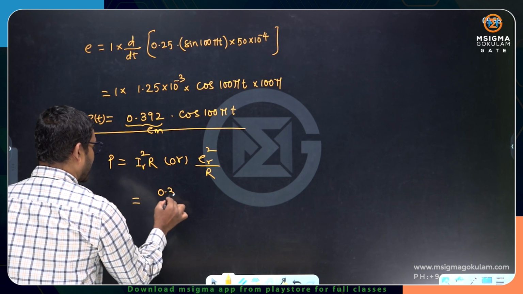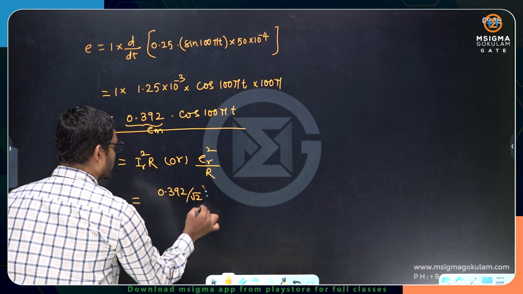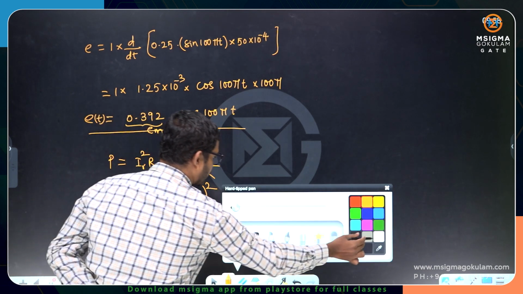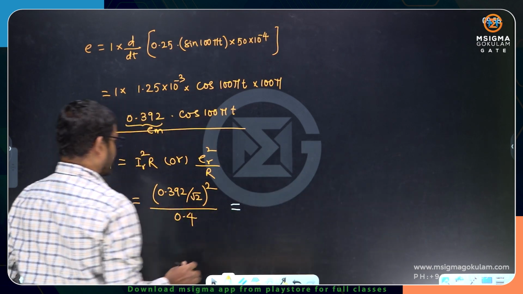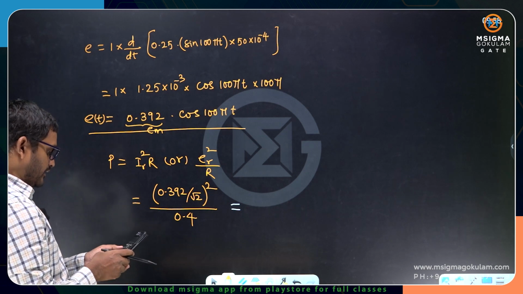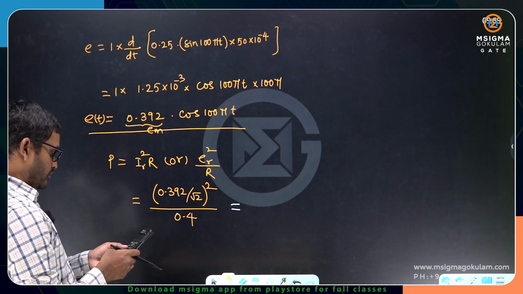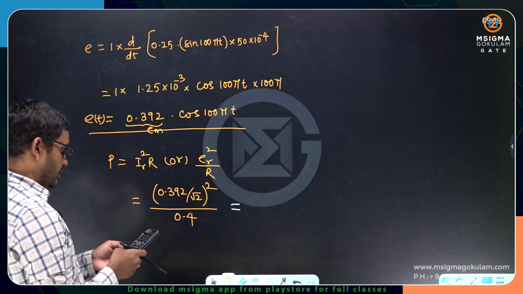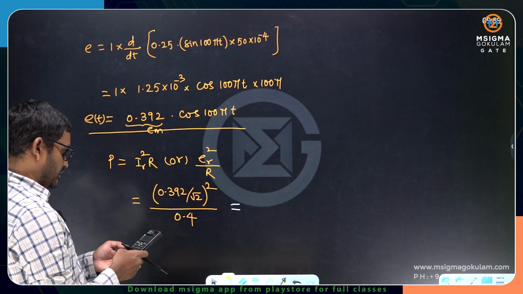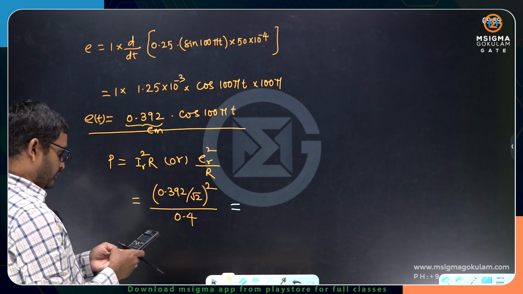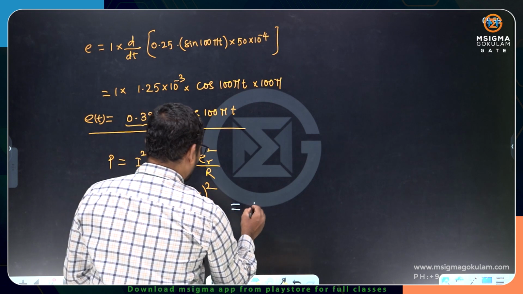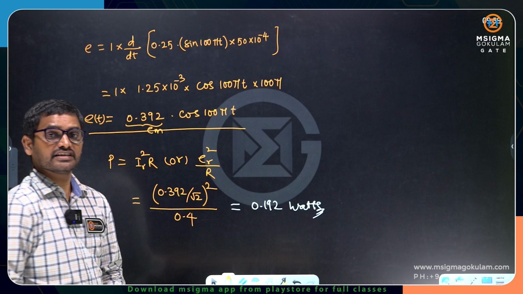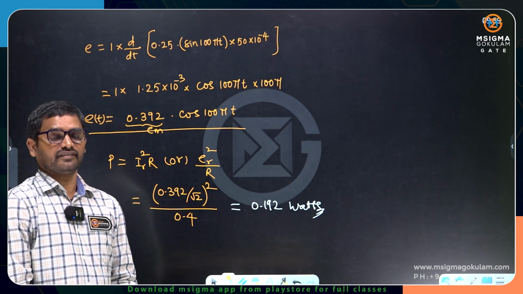The RMS value is the maximum value by root 2, whole square, divided by the resistance of 0.4. So 0.392 divided by root 2, squared, divided by 0.4. I am getting the value as around 0.192 watts. This is the power consumption by the rectangular loop of wire.